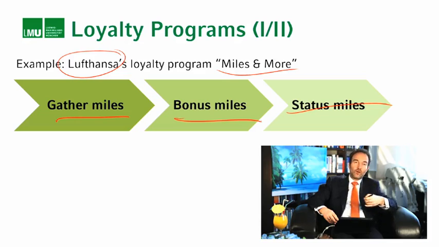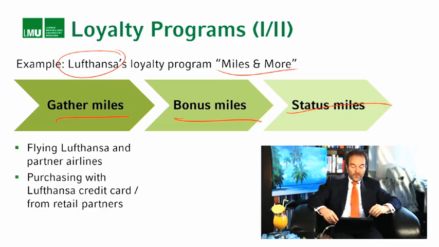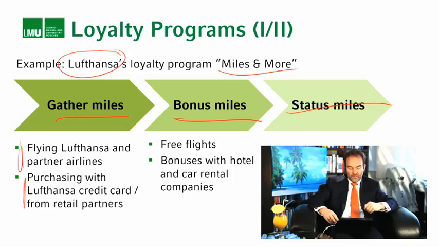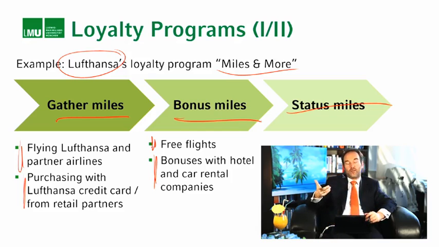You gather miles by flying Lufthansa and partner airlines, and by making purchases with a Lufthansa credit card or from retail partners. This means that you get bonus miles. These bonus miles you can use to get free flights and to get bonuses with partner hotels or car rental companies.